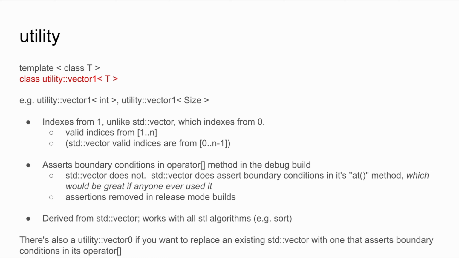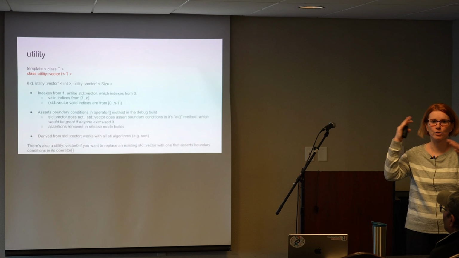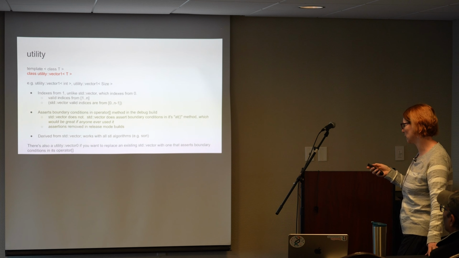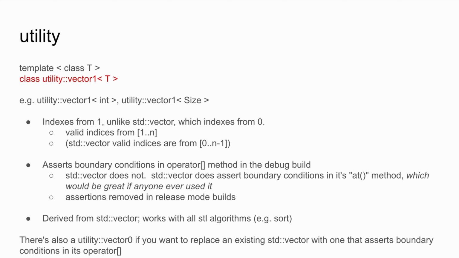Assertions are removed in the release builds, so you don't have that much stuff scrolling on your screen when you run it, and it's also faster. Essentially, utility vector1 derives from standard vector, and it works with all the standard library functions or algorithms, for example sort. So you can use sort on utility vector1.